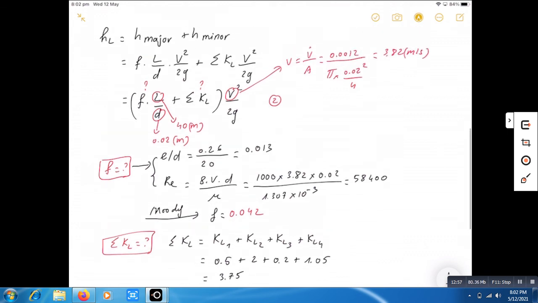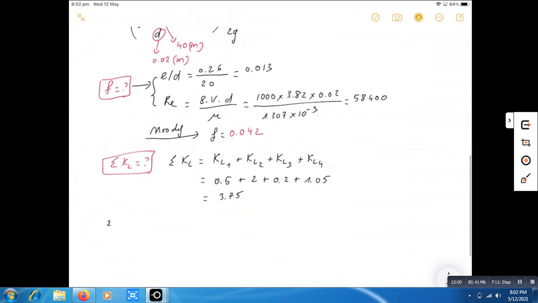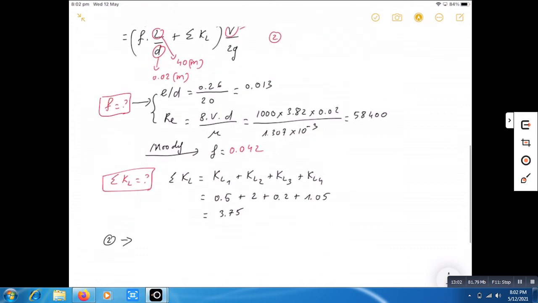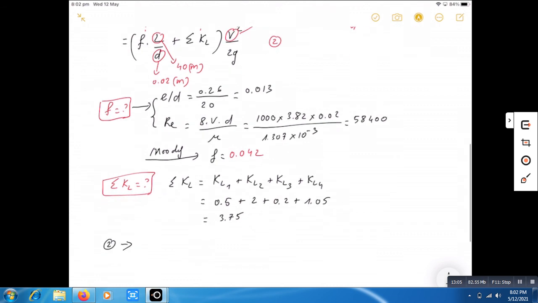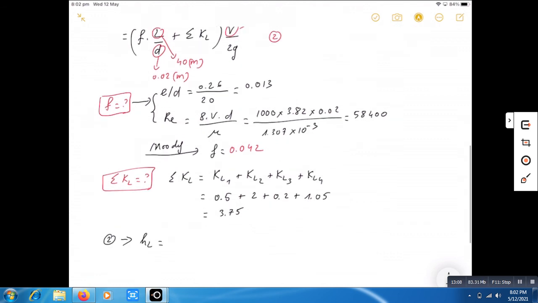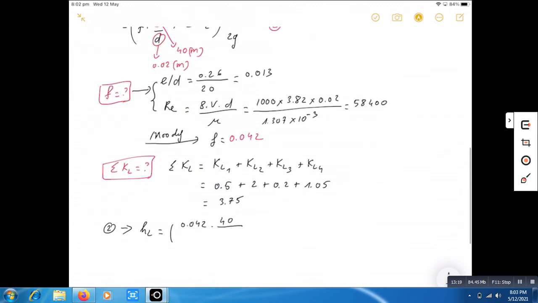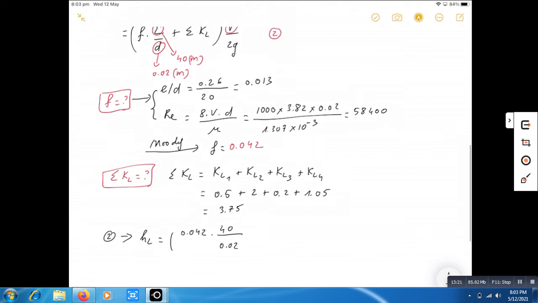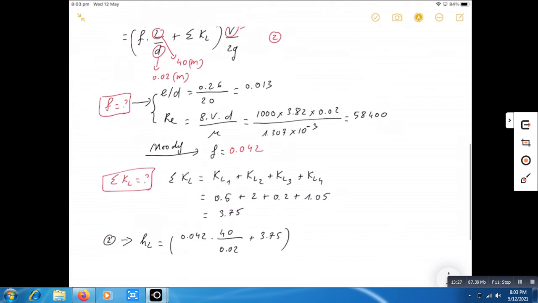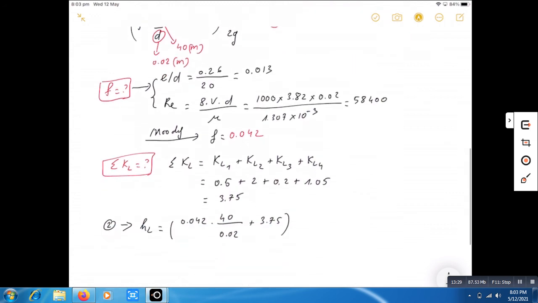We will have SL equals f, 0.042, times L, 40, over the diameter, 0.02, plus sigma KL, 3.75, times V squared, 3.82 squared, over 2 times 9.81. So SL is approximately 65.8 meter.